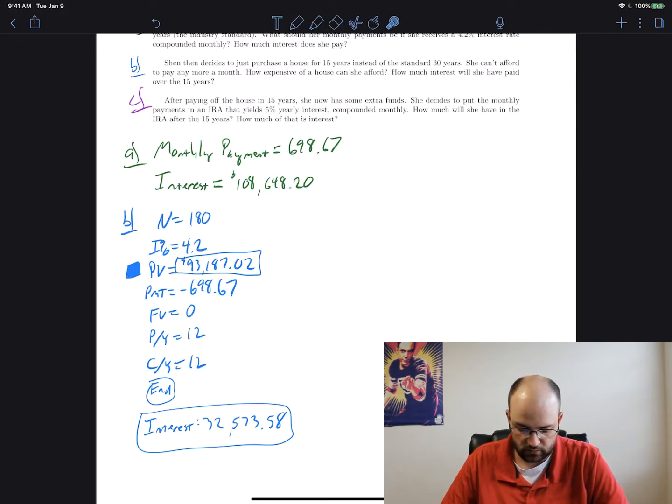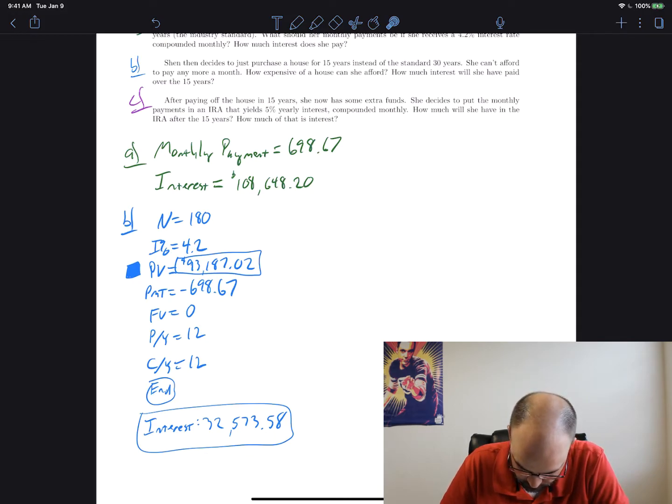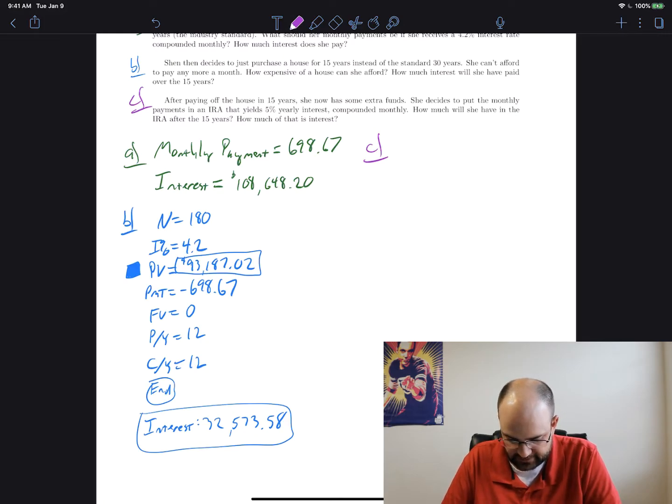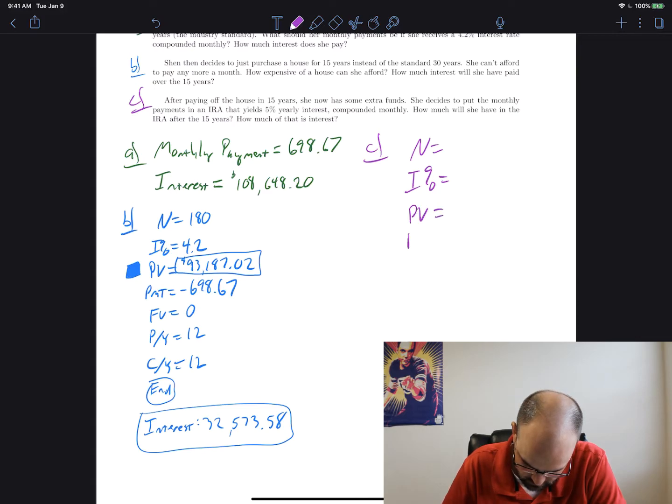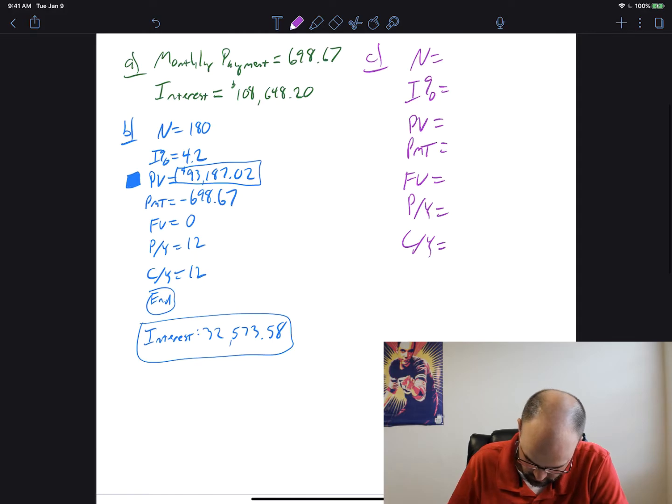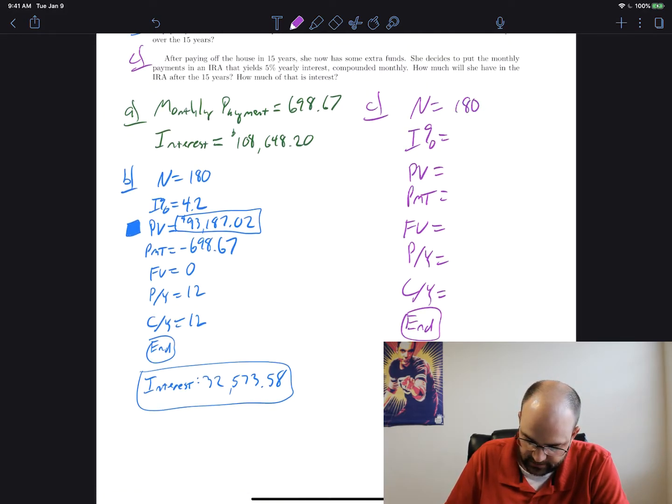Okay, so for letter C, this is a TVM solver situation again. Again, we still have 180 payments.